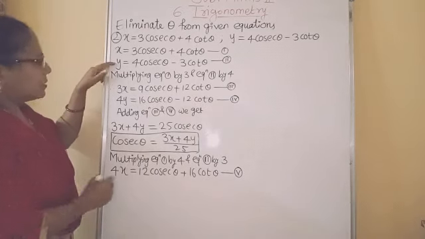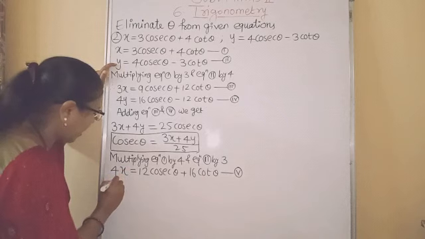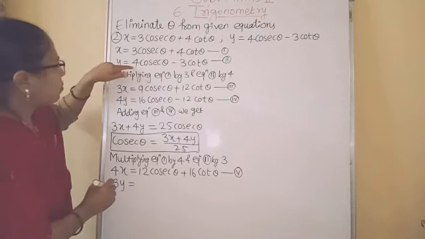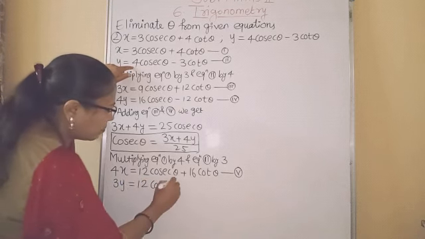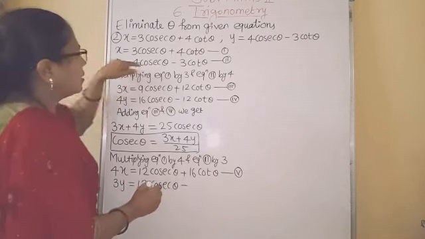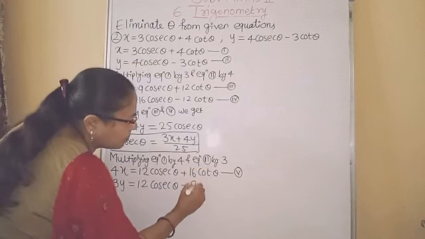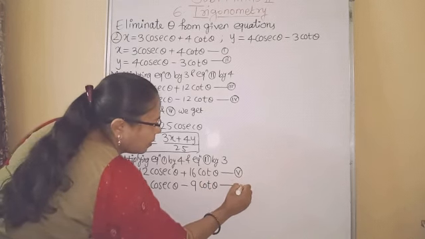Okay. The second equation we have to multiply by 3. So here we will get 3y equals 4 threes are 12 cosec theta minus 3 threes are 9 cot theta. This is equation number 6.